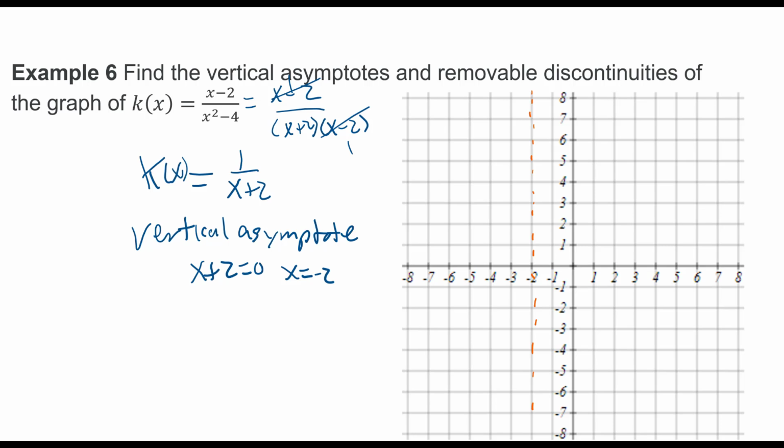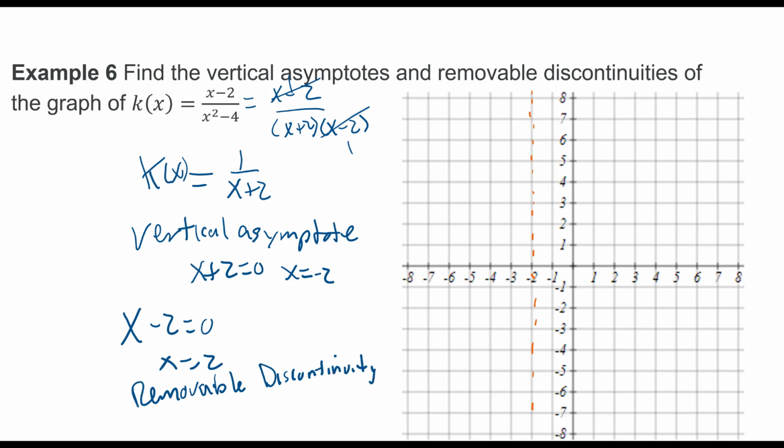But the x minus 2 wasn't for nothing. So x minus 2 equals 0 means x equals 2. That's where there's a removable discontinuity. And our graph is going to look something like this, coming down.